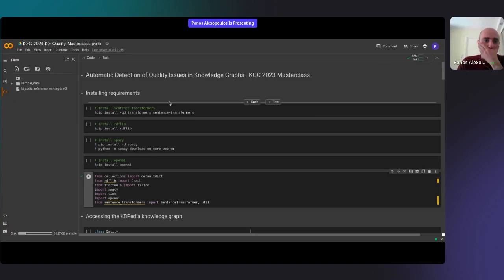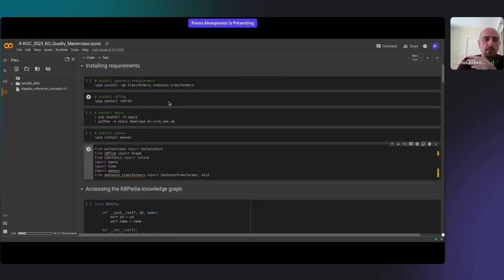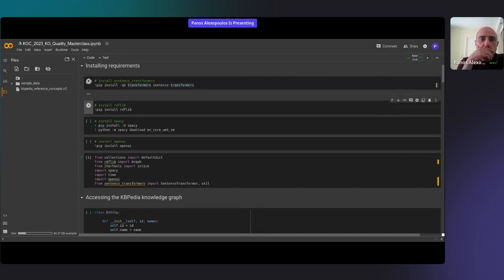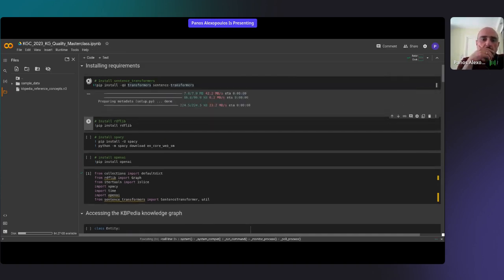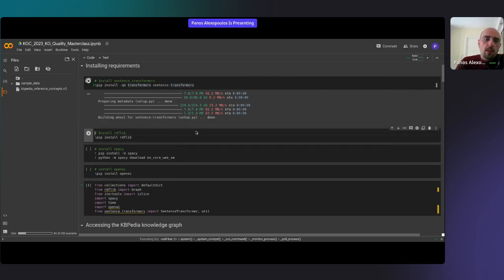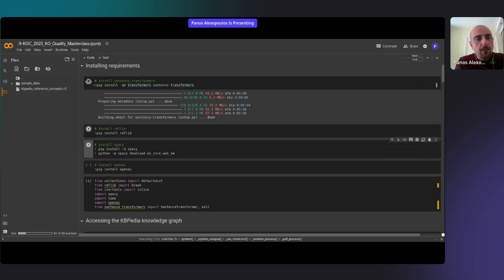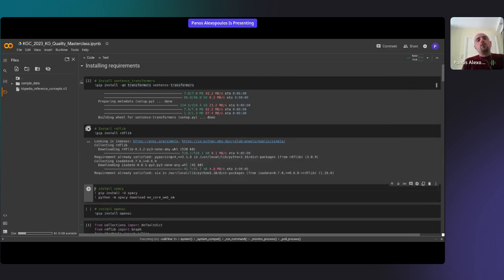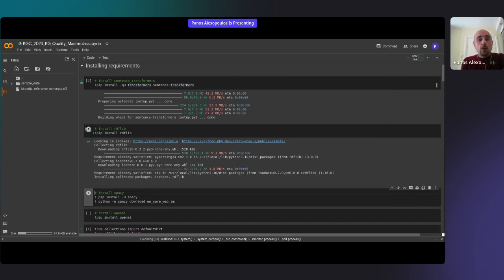Let's start first with installing the basic libraries that we will need. For this hands-on, we will need sentence transformers, which is a deep learning model that allows us to find semantic similarity between sentences. If you haven't installed it, please start installing it. Then we will need RDFLib, a library that allows us to access RDF graphs through SPARQL queries.